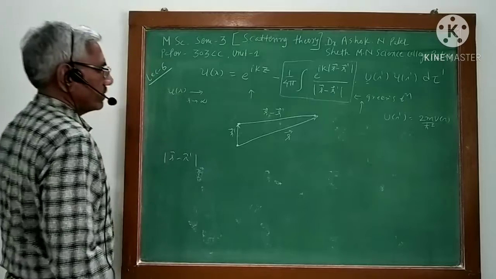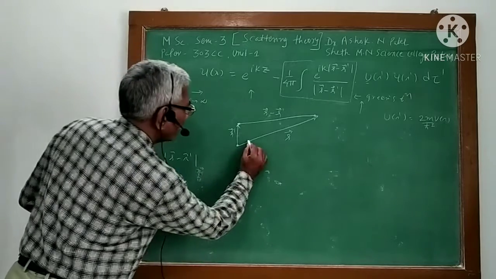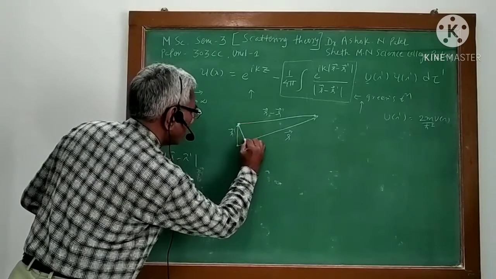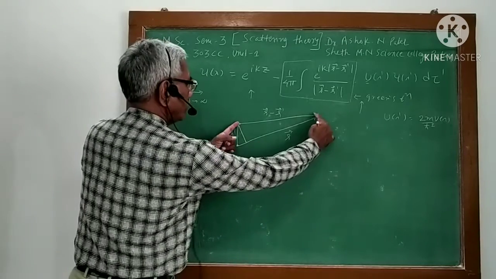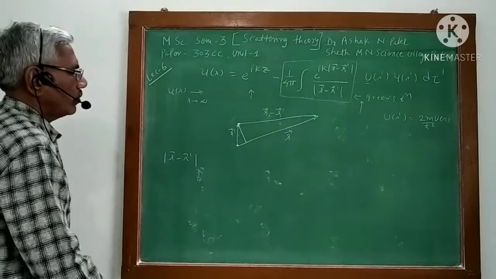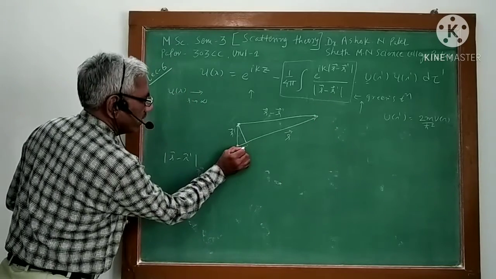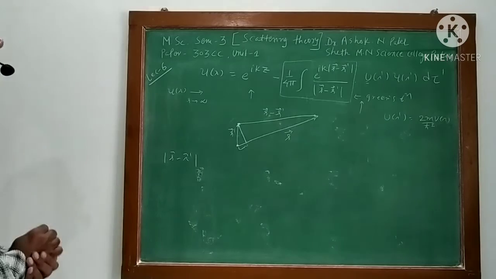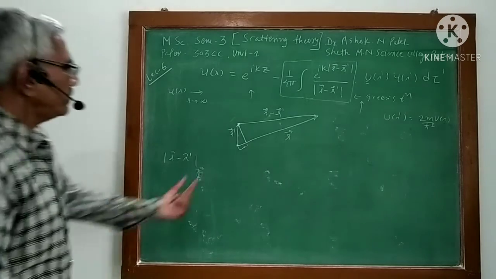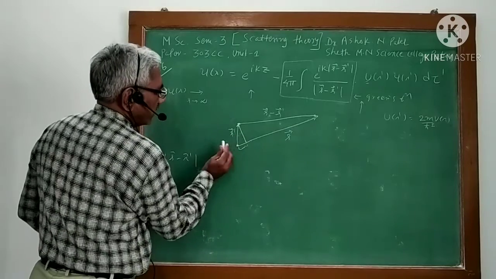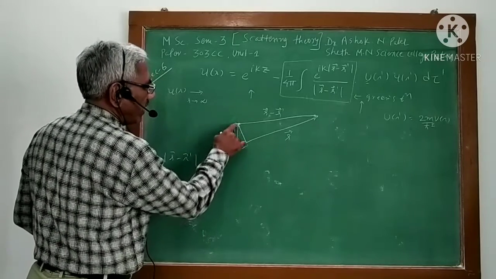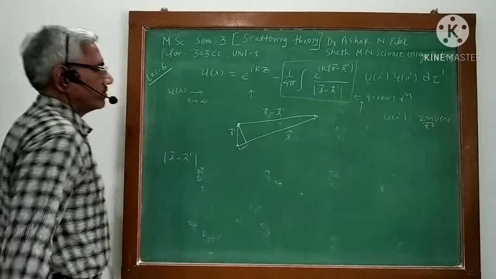For that I can draw one line on this, so that this much distance is this. So what is this extra length? This extra value is nothing but the projection of r dash on this direction.